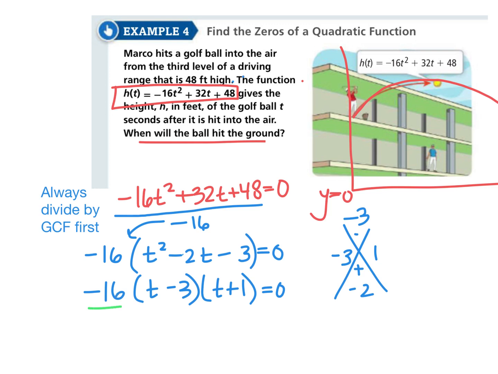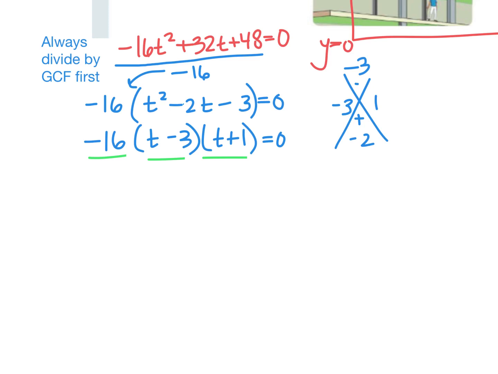Now notice this time there are 3 factors in this problem. -16 already doesn't equal 0, so this gives me no specific solution. So it's kind of a dead end. The other 2, however, I can solve to equal 0. So t minus 3 equals 0, or t equals 3. And t plus 1 equals 0, or t equals -1.